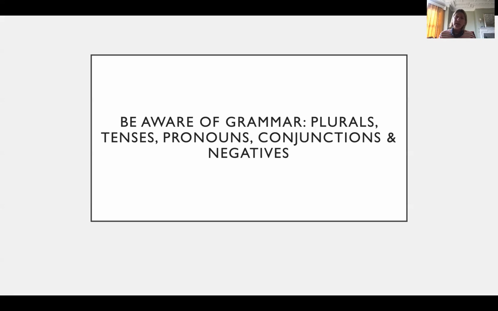I might notice that I've got a child who's using short phrases, but they're not moving into longer sentences because they're not linking them together with those linking conjunction words. So if I become aware of that, then when I am interacting with that child, I'm going to deliberately model using those types of conjunctions myself in a very simple way.